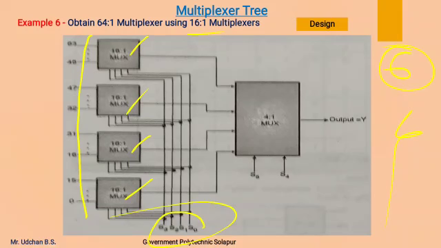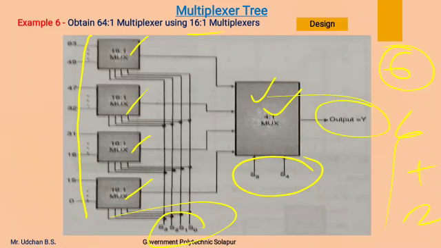Now we are going to use another 4:1 multiplexer to make the remaining 2 select lines, as the 4:1 multiplexer has 2 select lines. Now the 4 outputs of the 16:1 multiplexers are connected to the 4 inputs of the 4:1 multiplexer, which has 2 select lines, that is S4 and S5, and this is our final output.